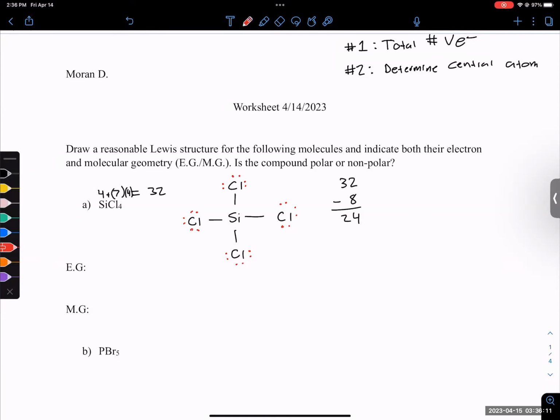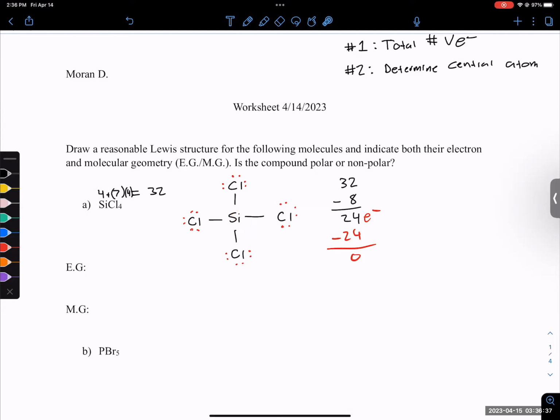So with that, we subtract the 24 electrons, which gives us 0 left over, which means we're all good. If we had an excess, say we had 2 electrons left over, where would those go? It would go onto the central atom as a lone pair, exactly.